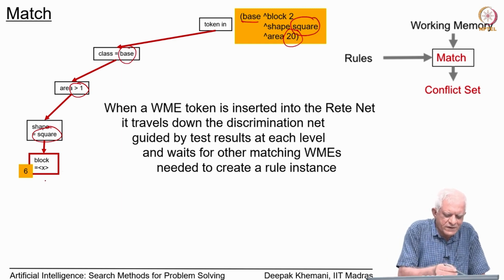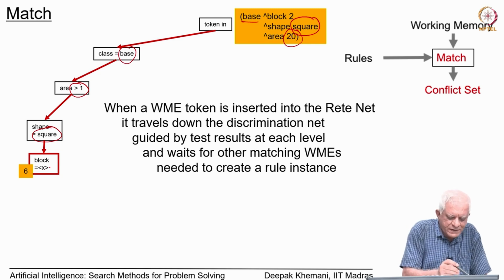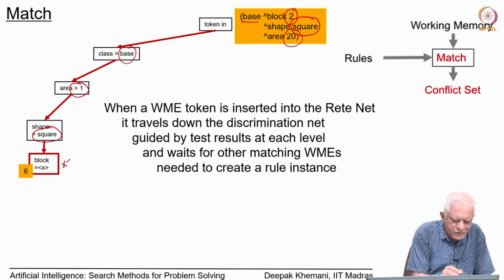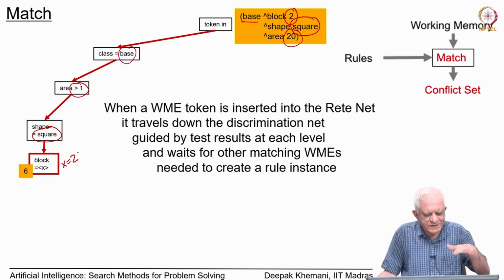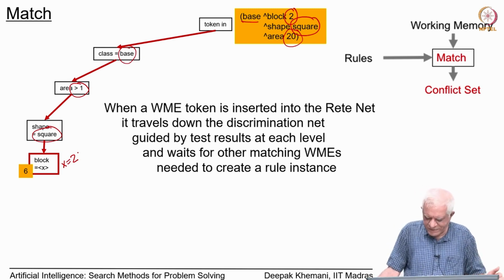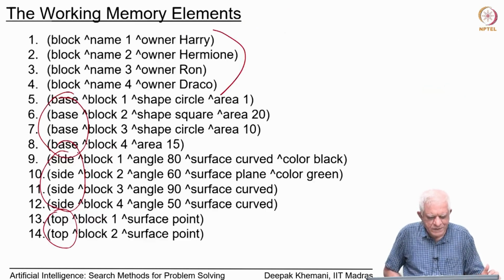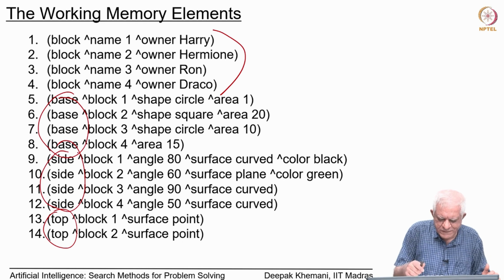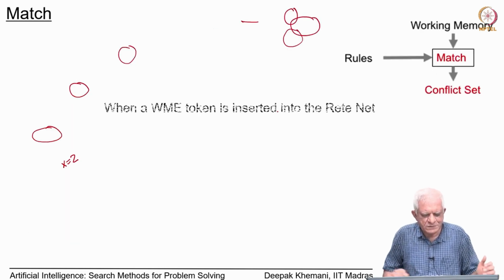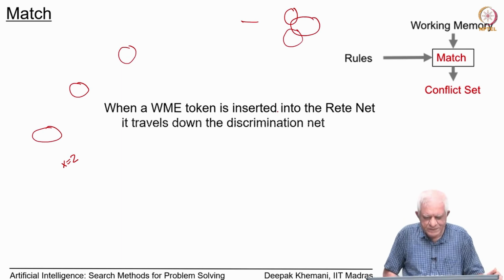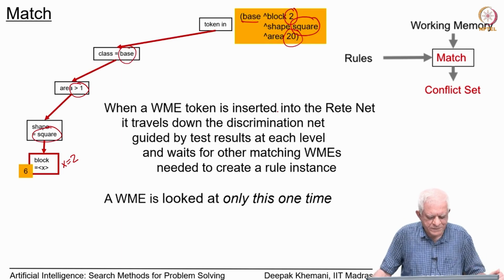The fourth test simply binds a name, but remember that at this point this has a value 2. So here x is bound to 2, as we say sometimes, and this token, which was token number 6 in the working memory that we mentioned, has gone down doing these different tests and come here.